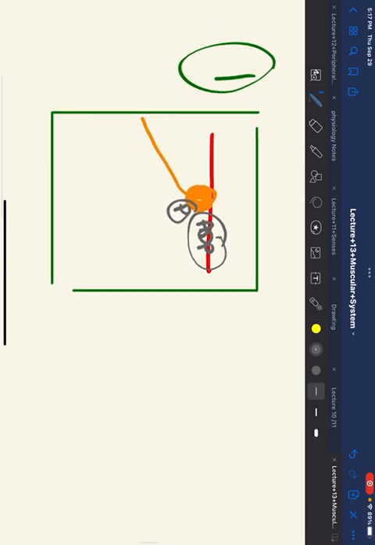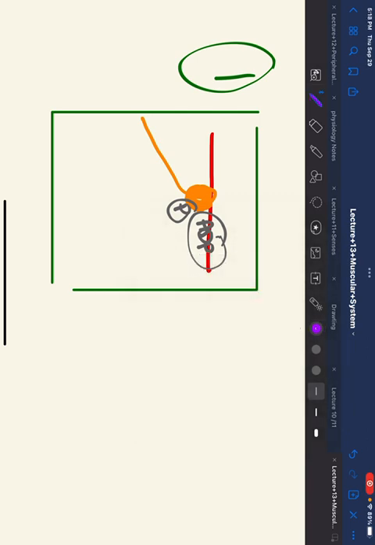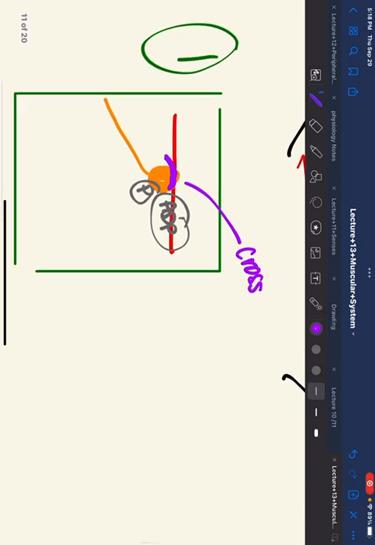This attachment right here is referred to as a cross bridge.